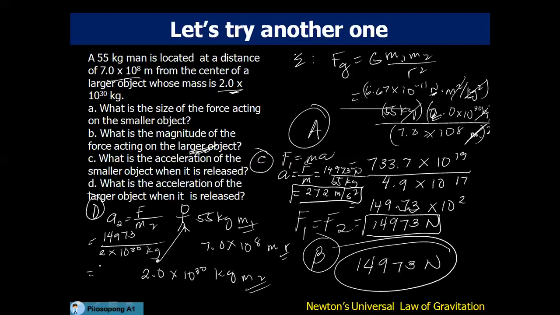Our answer will be 7.49 times 10 raised to negative 27 meters per second squared.